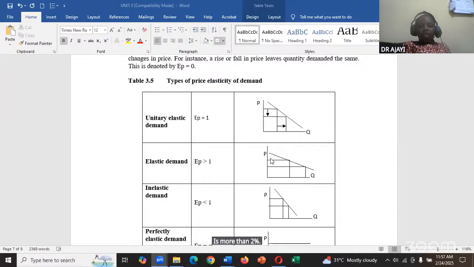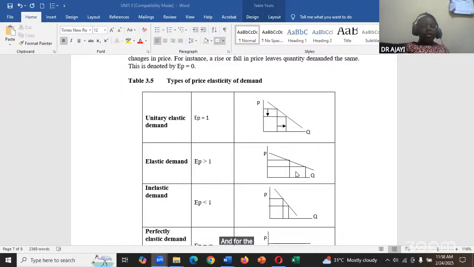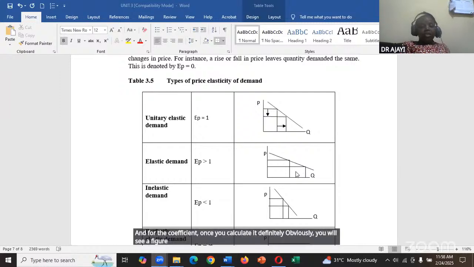So a flatter graph will show you that the vertical change in the price is lower than that of quantity change. Quantity responds more than the price change. That is when we have elastic. And for the coefficient, once you calculate it, you will see a figure that is higher than 1.